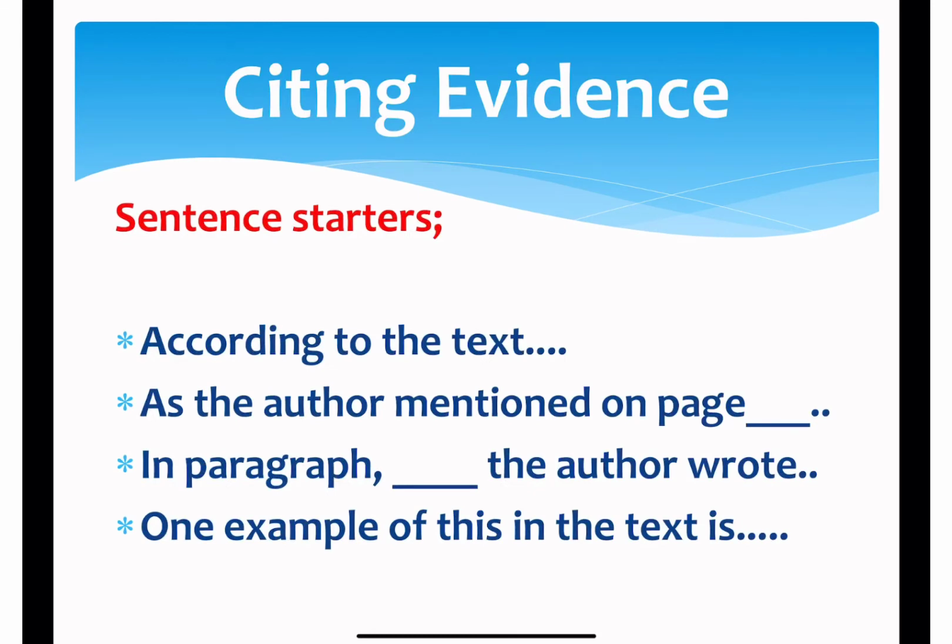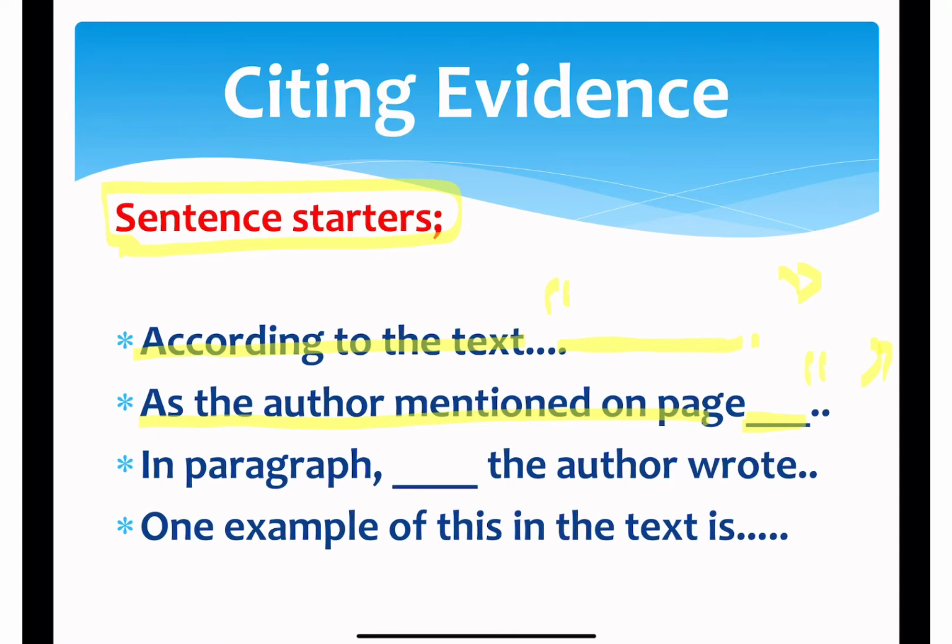So these are some sentence starters that you can use when citing text evidence. A sentence starter could be something like, according to the text, and then you open your quotation mark if you're directly stating from the text, and close it when you're done. Or, as the author mentioned on page, tell me the page, then you open up the quotation marks and tell me what you saw.